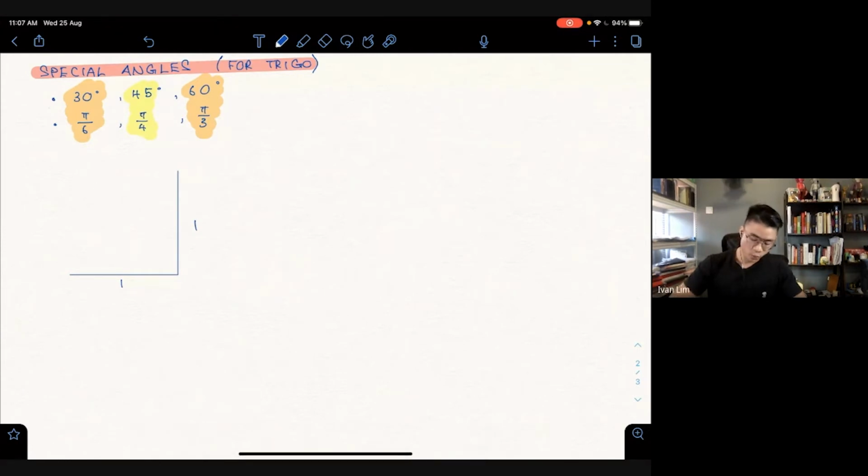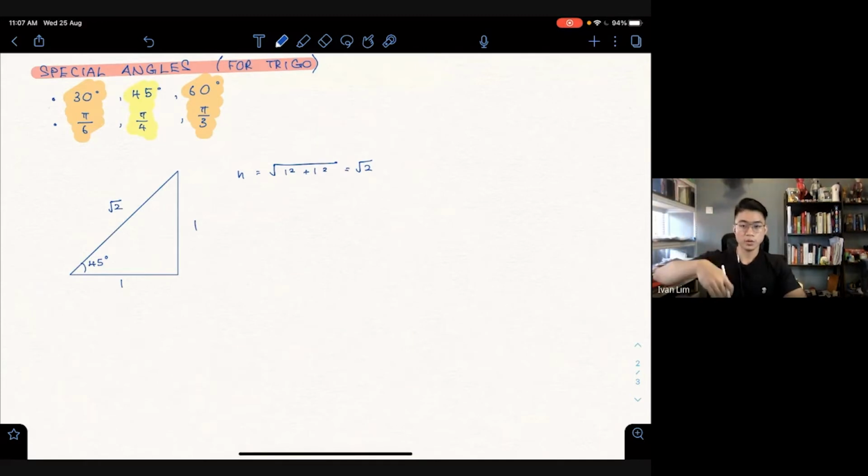So if I have 1 and 1, what will be my hypotenuse? A squared plus B squared equals C squared, then square root the entire value to find C. So the hypotenuse is the square root of 1 squared plus 1 squared, which is the square root of 2. This is how you find this triangle first. You all have to memorize this. Then put a 45 degree angle down here, with sides of length 1 and 1.